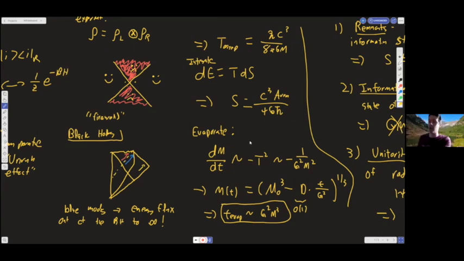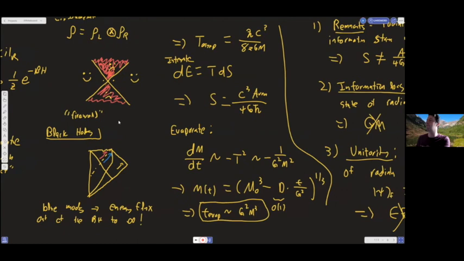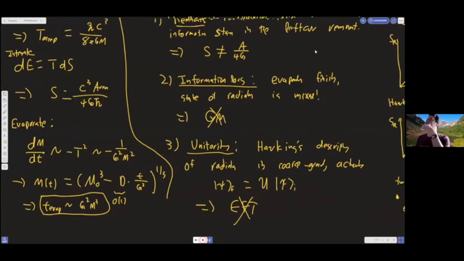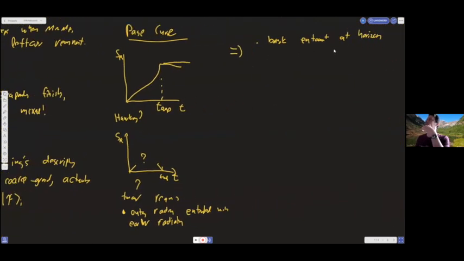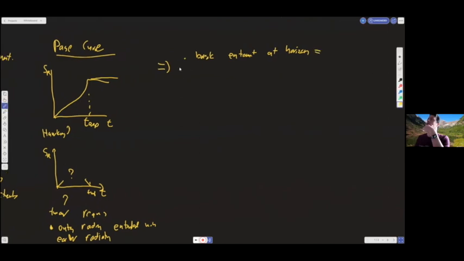But then that's a firewall, and that's bad. So if you break the entanglement at the horizon, you have a firewall. Or you need to say that the red mode inside is not independent of the early radiation.